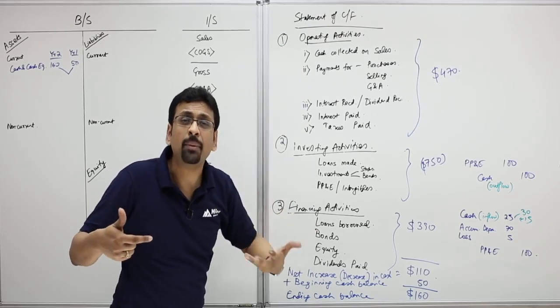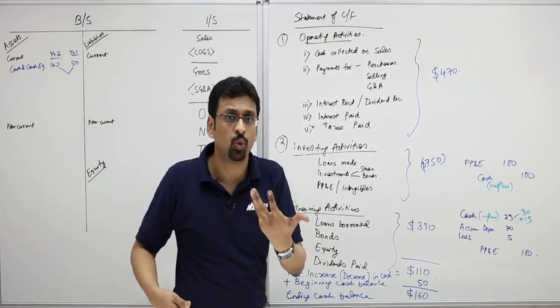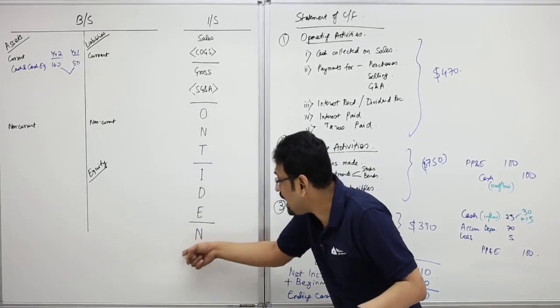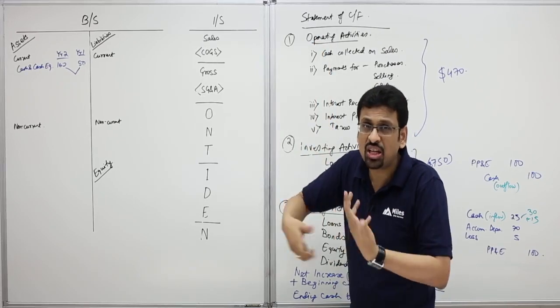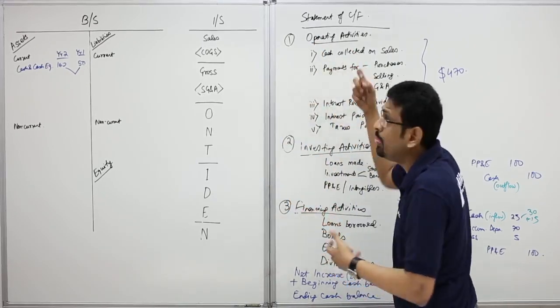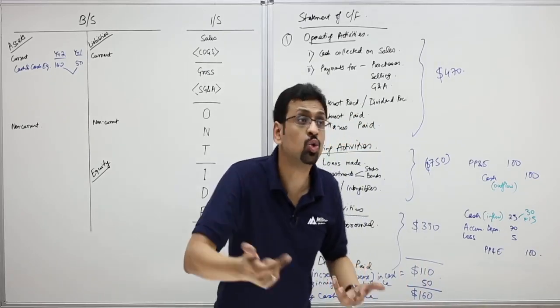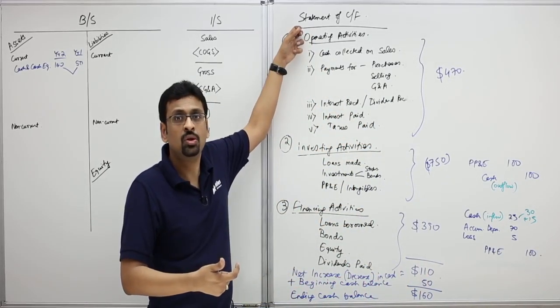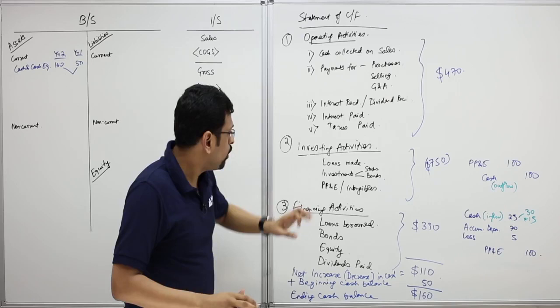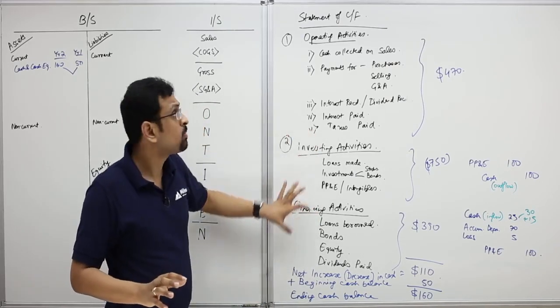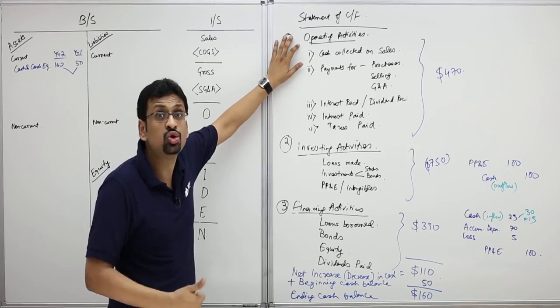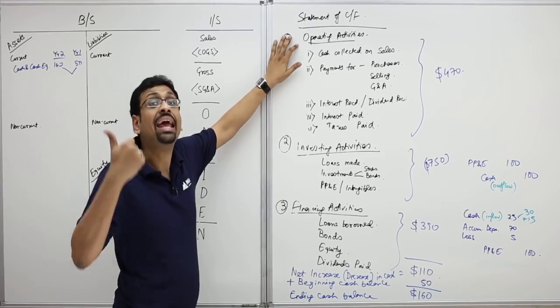In the indirect method, it's more like a reconciliation approach, where you start with the net income number on your income statement and make a few adjustments to get to the net cash provided or used by operating activities. So once again, for investing and financing activities, always use the direct method. For operating activities, you could use the direct or indirect method.